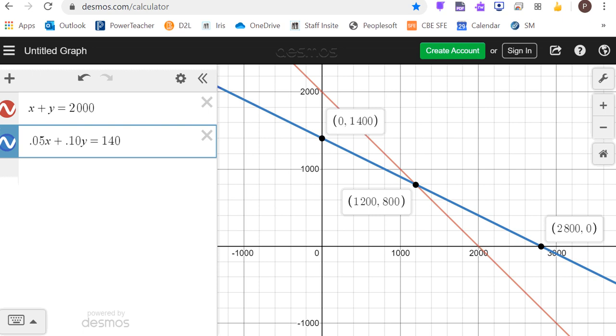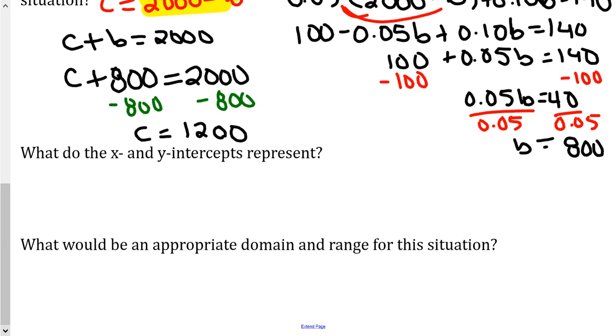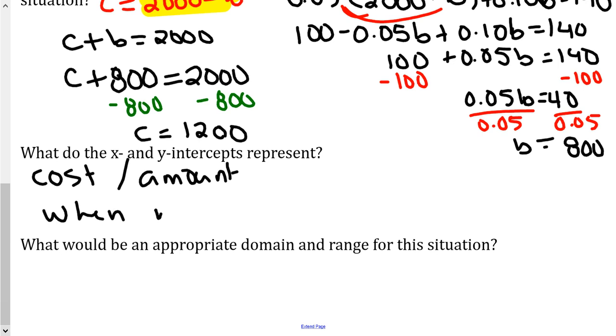So let's put that into words. Our x and y intercepts represent the cost or amount when we have 0 bottles or cans.